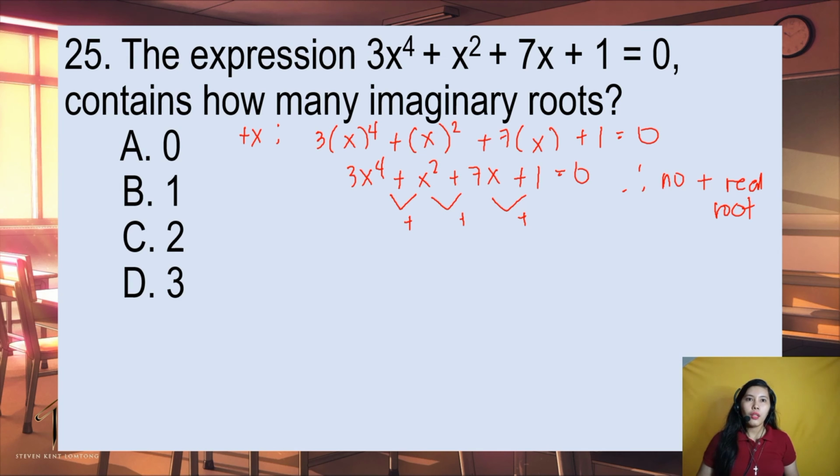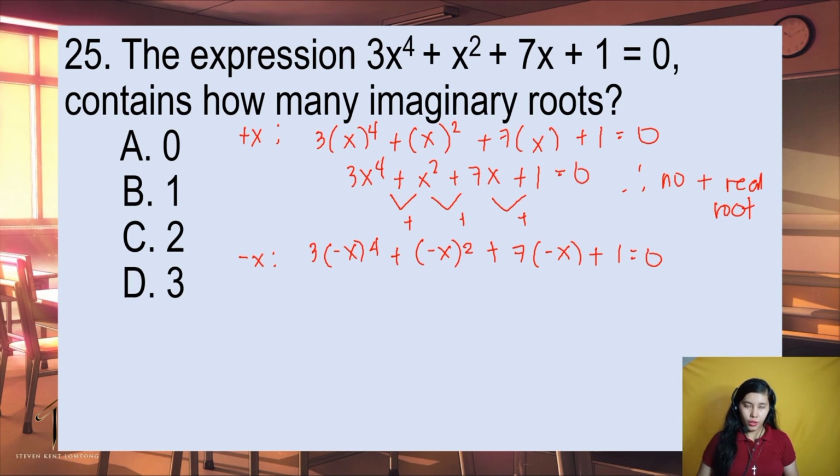Now, let's check for the negative real roots. So, let's substitute negative x. 3 times negative x raised to 4 plus negative x squared plus 7 times negative x plus 1 is equal to 0.